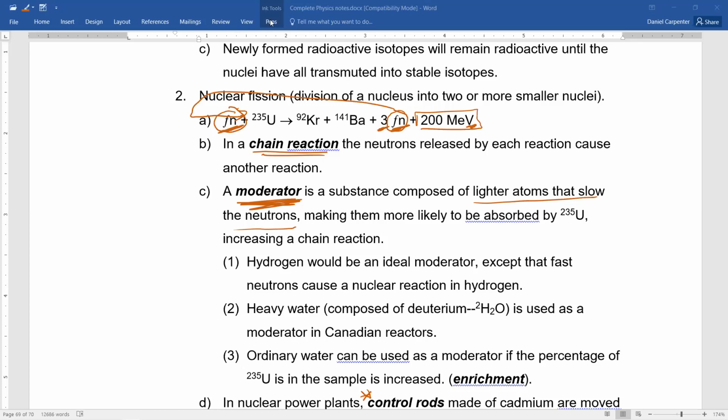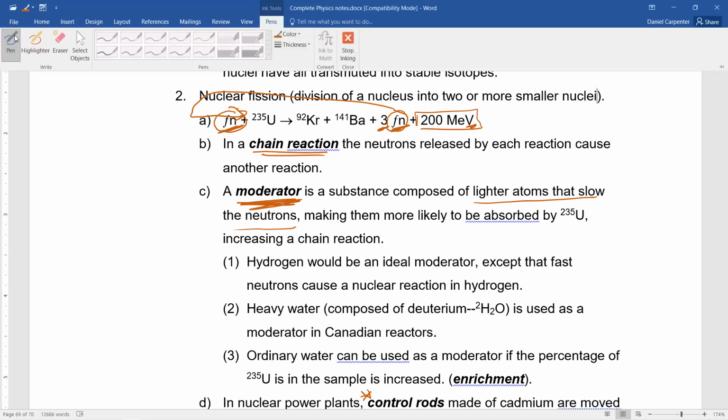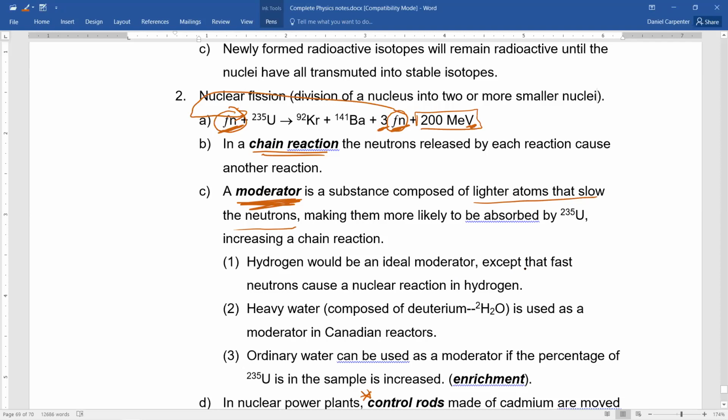Notice that hydrogen would be the ideal moderator, except that fast neutrons cause a nuclear reaction in hydrogen, so we can't just use plain hydrogen. And I'm not making this up. There is actually a substance called heavy water. Now, this right here is probably not expressed the best way it could be. Deuterium.